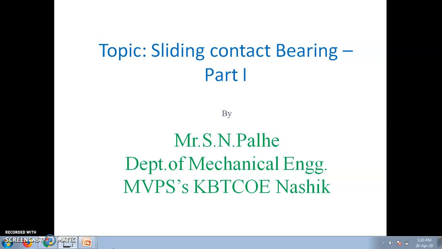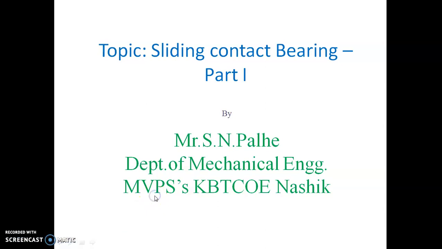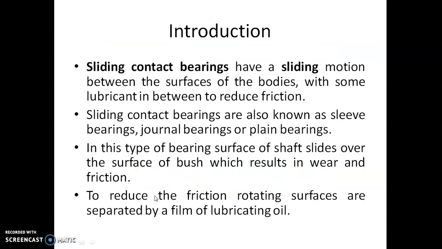Today's topic is sliding contact bearing. In part first, we will see the basics of sliding contact bearing. Sliding contact bearings have a sliding motion between the surfaces of the body with some lubricant in between to reduce the friction.